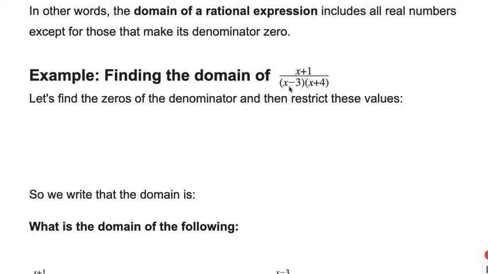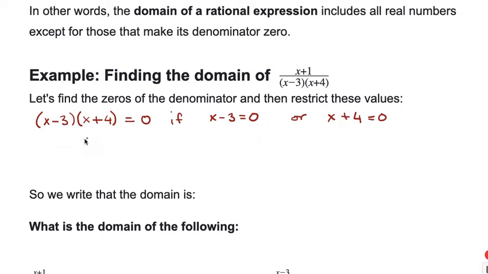Notice that this expression in the denominator, x minus 3 times x plus 4, can be equal to 0 in two situations: if x minus 3 equals 0, or x plus 4 equals 0. That's because of the factors.